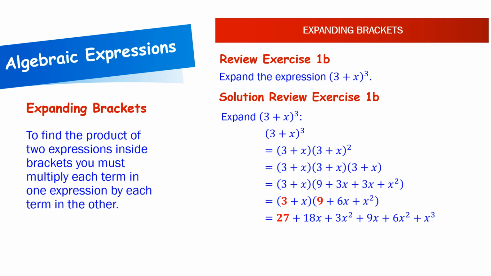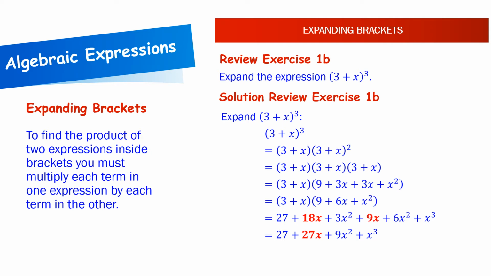And now let's start multiplying out again. So 3 times 9 is 27, 3 times 6x is 18x, 3x squared, 9x, 6x squared, and x cubed.